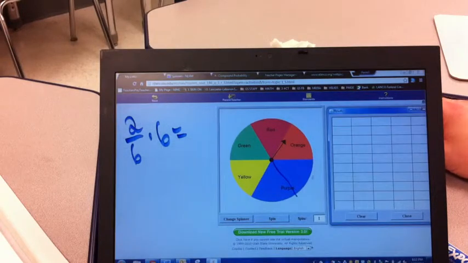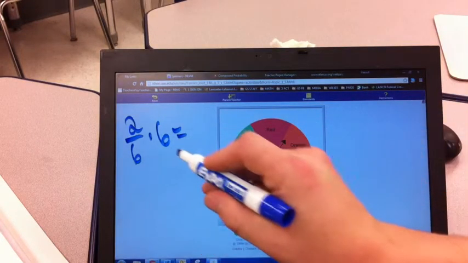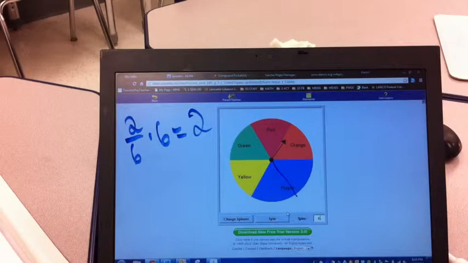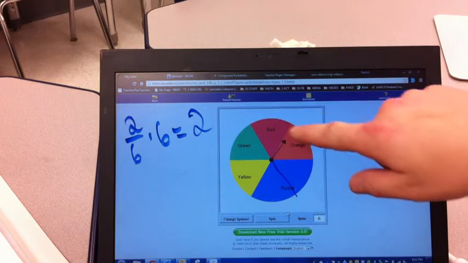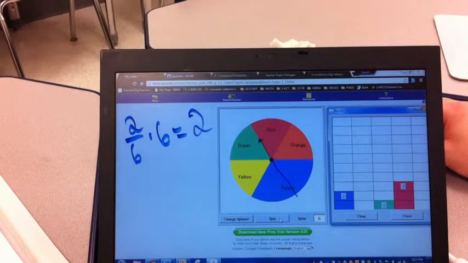So what this allows me to do is change the number of spins. So I want 6. Now if I would use my calculations, 2/6 times 6, I should get 2. That should make sense: if I would spin it 6 times, I should get 1 of each of these and 2 purple. So now the question is, does that happen?